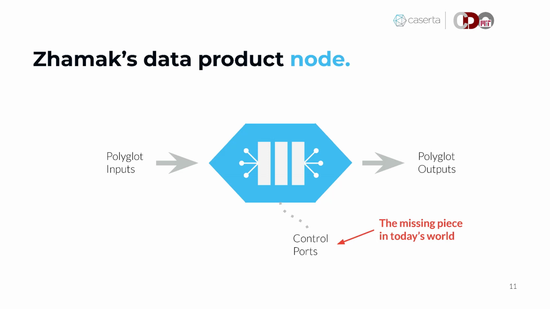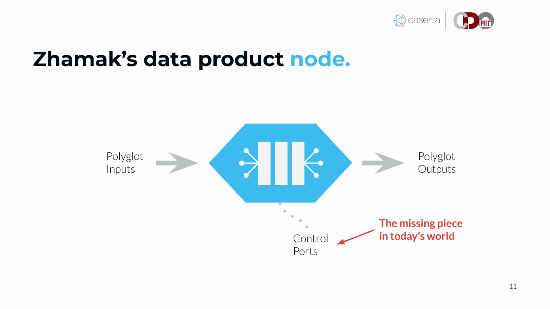It could be anything that you can call data. It has many inputs, many outputs, different consumers, different suppliers, and none of that is new so far, right? We've been doing this for a long time.